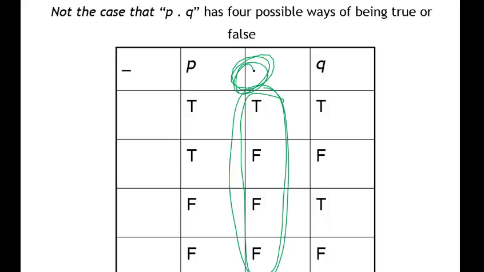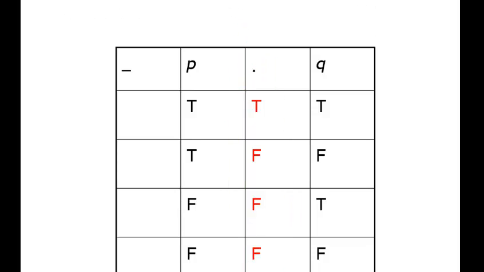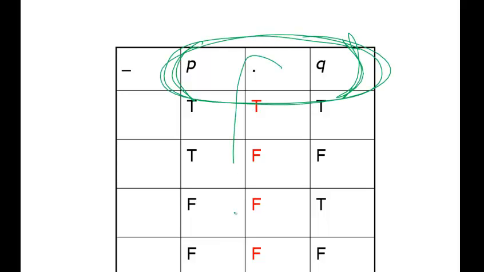Okay, so now what have I got here? I've got a negation. Okay, so now let's say you were negating, there we go. So you're negating all of this. So now you've got the value for P and Q right here, and then you're asking, what about not the case that P and Q?